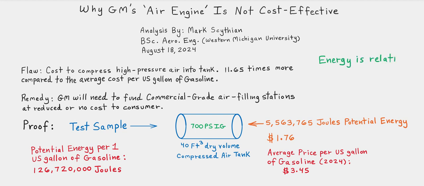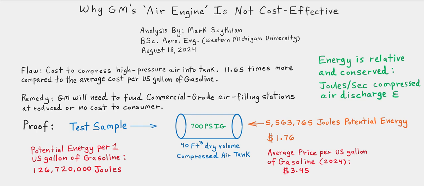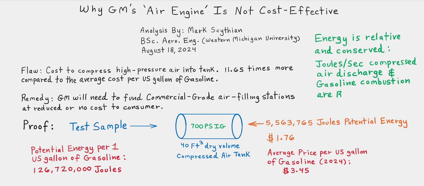So it must be stated that that energy is relative and conserved. Energy is the capacity to perform physical work. So the joules per second of compressed air discharge as kinetic energy, and the BTU per second or joules per second of gasoline combustion, are relative.